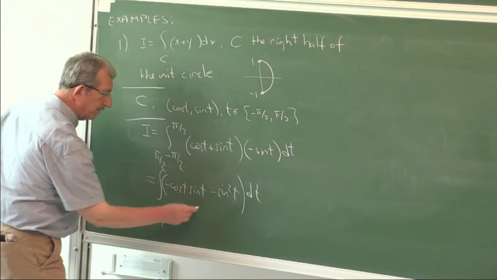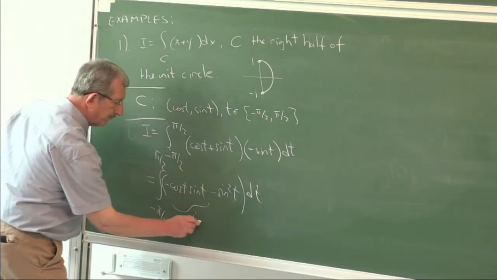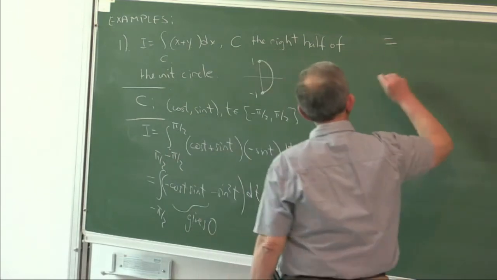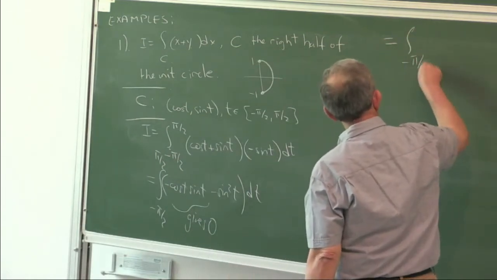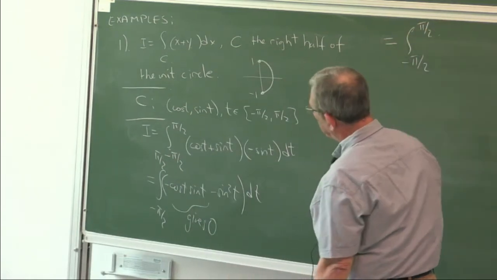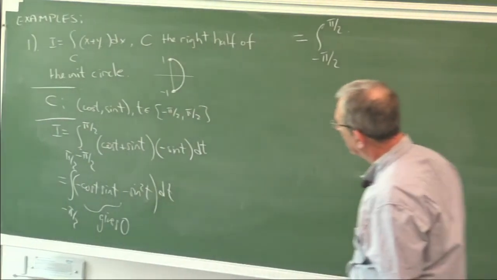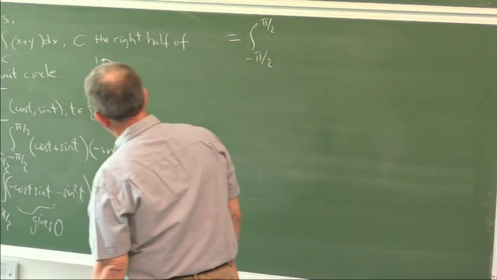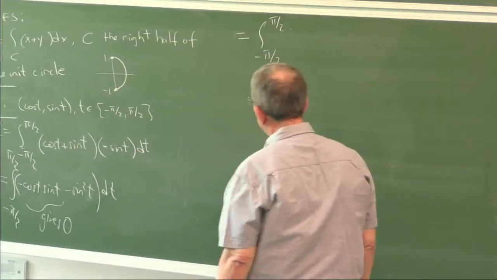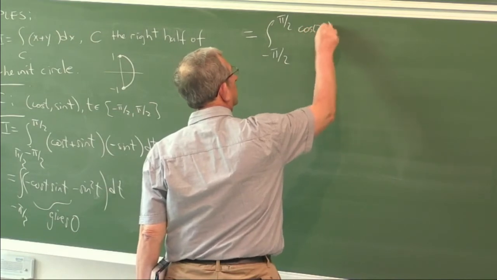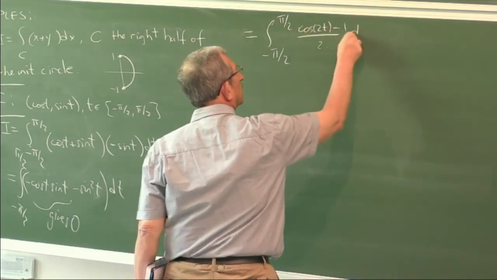Okay. This gives 0. So what remains is the integral from minus pi over 2 to pi over 2 of minus sine squared t. Well, minus sine squared t would be cosine 2t minus 1 over 2.